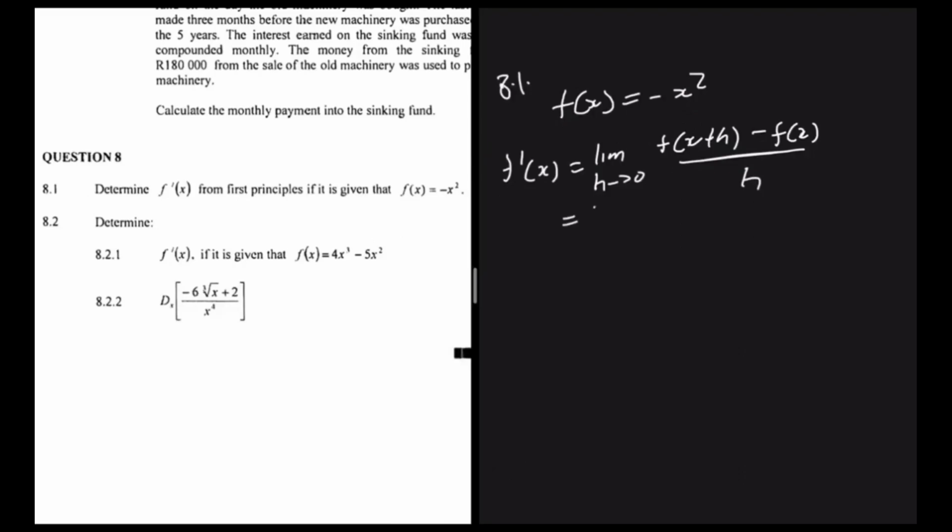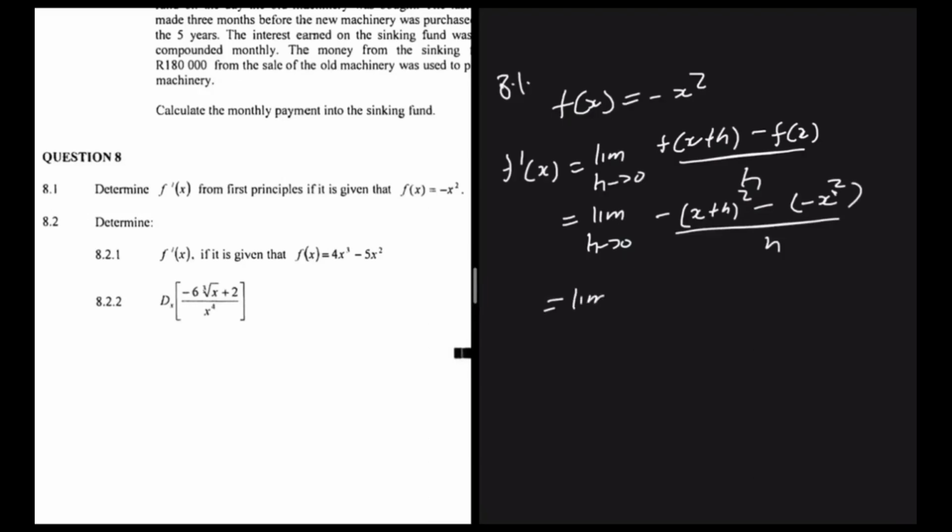We can just go ahead and substitute the function into the formula. So we are going to have the limit as h tends to 0 of, everywhere where there is x, we put x plus h because that's what the formula is saying. So we're going to have minus x plus h, squared, minus the function itself, that will be minus x squared, right? And then we're going to divide by h, and then we're going to solve x plus h squared.